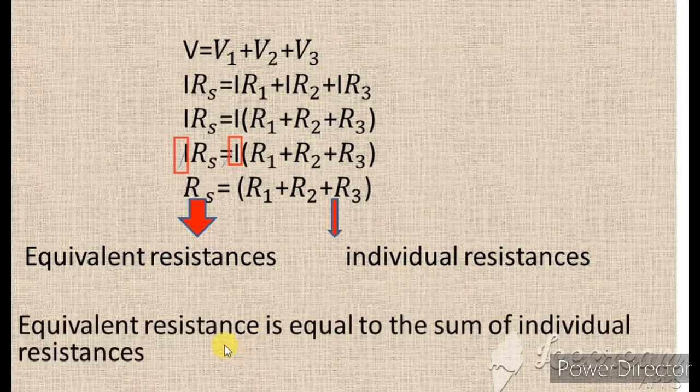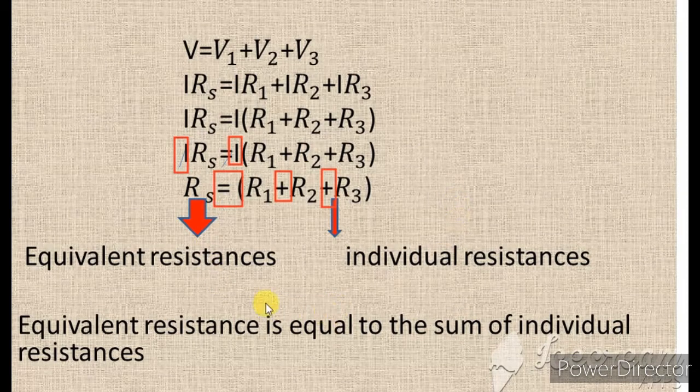So the final statement we are saying is, the equivalent resistance is equal to, because in the center we have the term equal to, is it not? So is equal to the sum of. So this plus, we are writing as sum of. In the middle we have the term plus, is it not? And so we are writing the sum of the individual resistances.